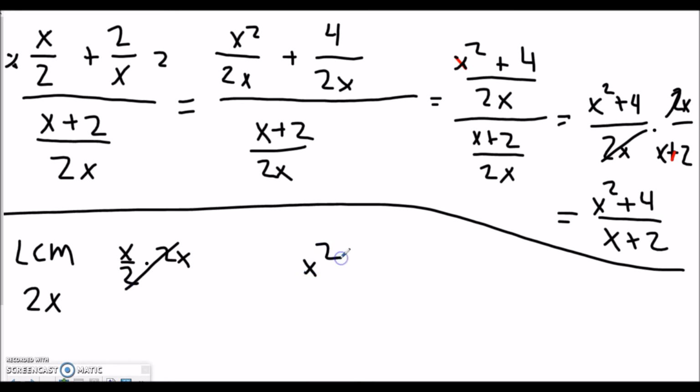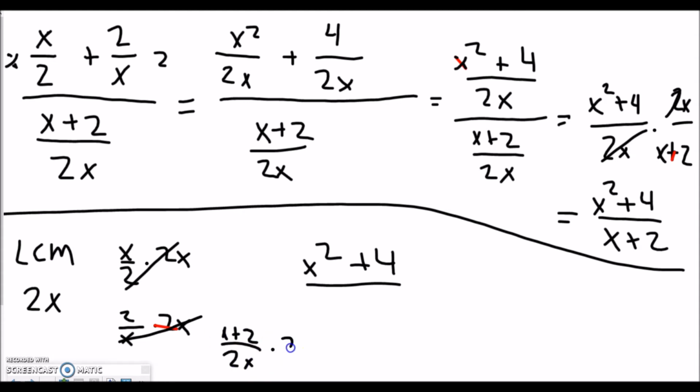There's where my x squared comes from. 2 over x times my least common multiple of 2x, my x's cancel. 2 times 2 is 4. And on the bottom, x plus 2 over 2x times 2x, those entire 2x's cancel, which just leaves me with x plus 2. Again, the method that you use doesn't matter to me. It's which one works best for you.